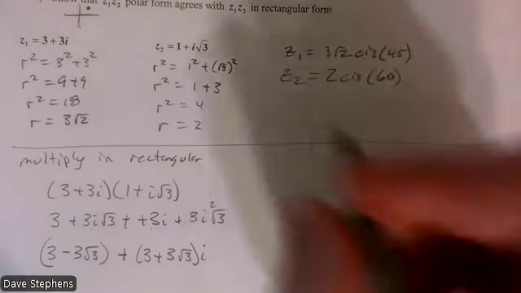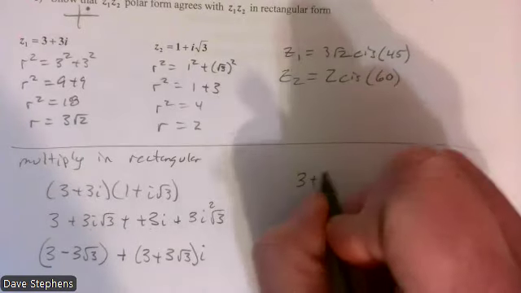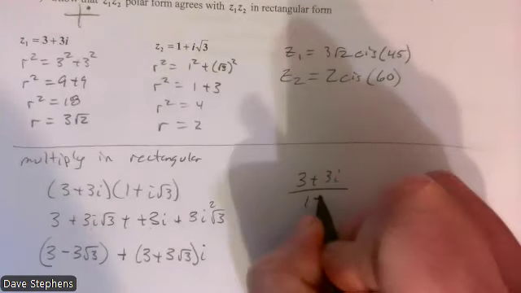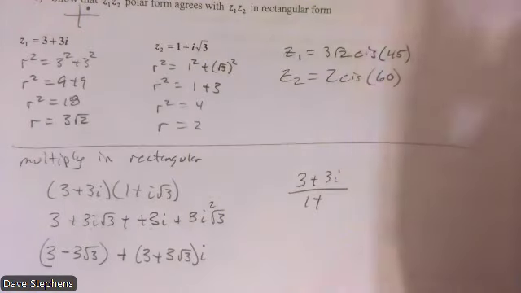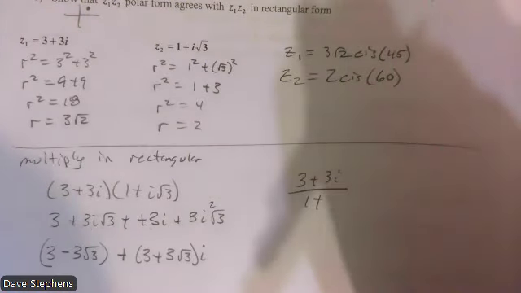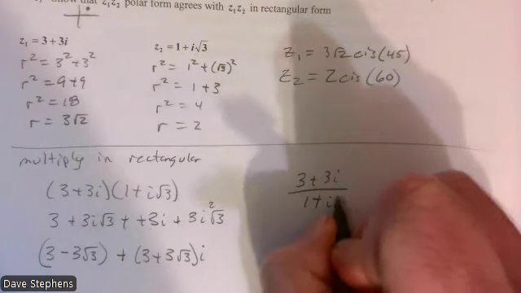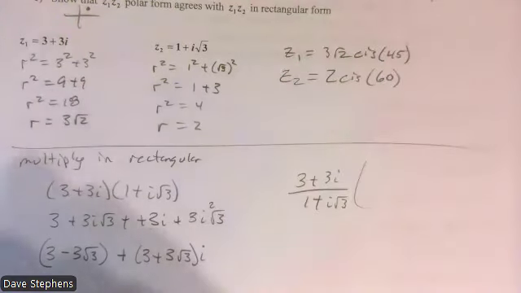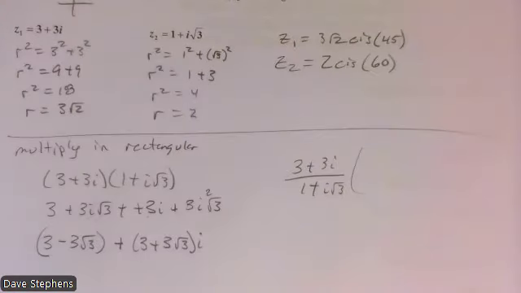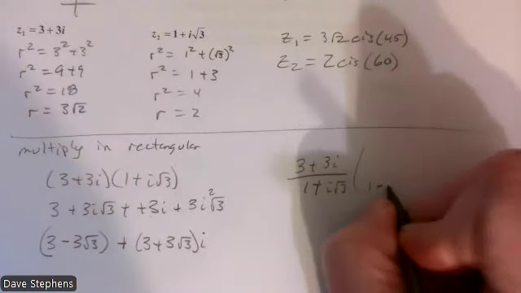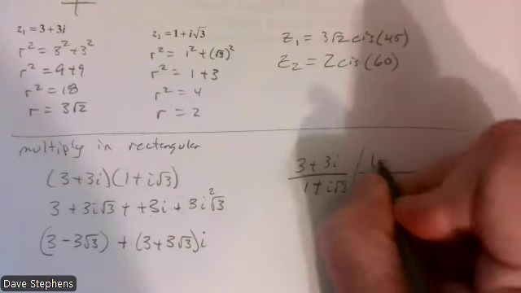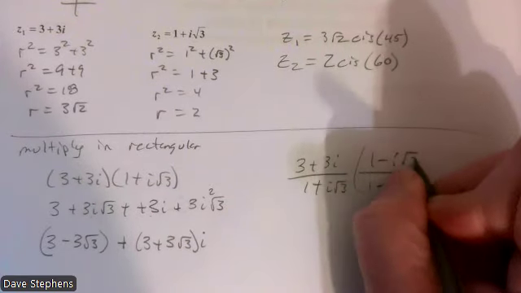All right, let's try dividing these things. 3 plus 3i divided by 1 plus i root 3. And we multiply the top and the bottom by the conjugate of the denominator, right? So we get 1 minus i root 3 and 1 minus i root 3.